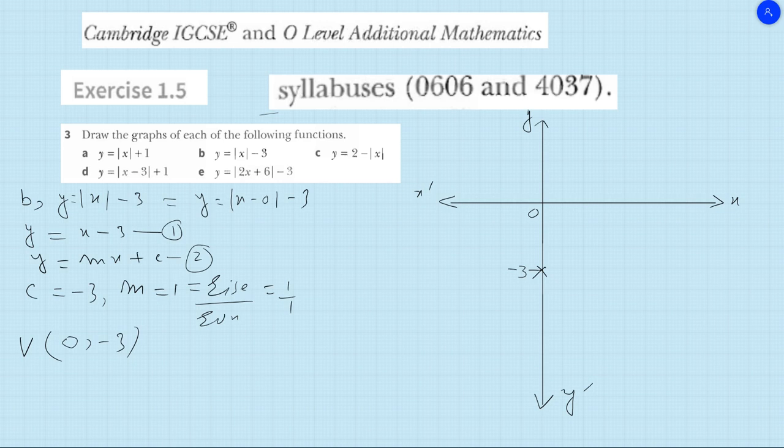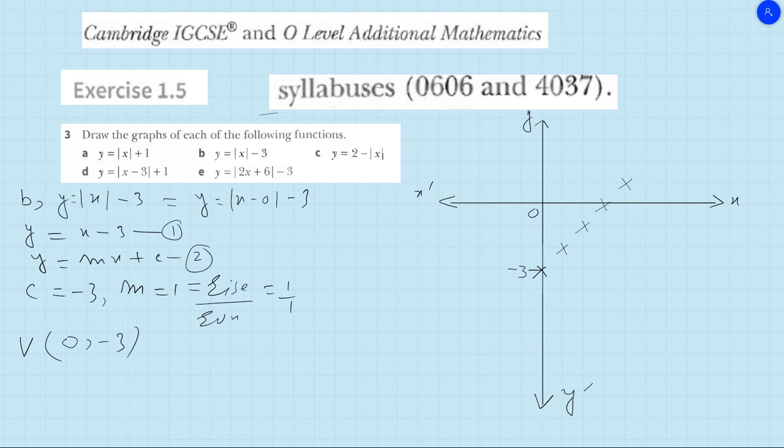So this is rise 1, run 1, then rise 1, run 1, then rise, run, and so on.